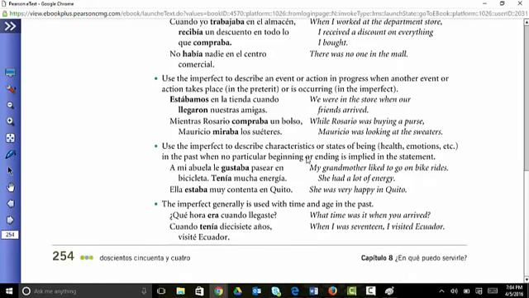Use the imperfect to describe characteristics or states of being. There are two types of verbs: states of being verbs and action verbs. If it's a state of being verb, most of the time it's going to go in the imperfect, unless you know for a fact that your subject no longer feels that way.